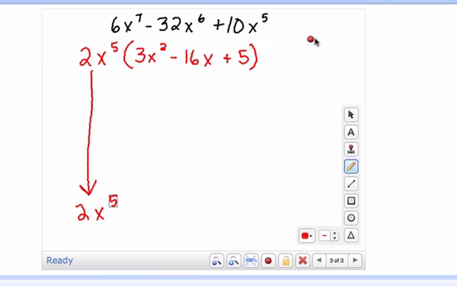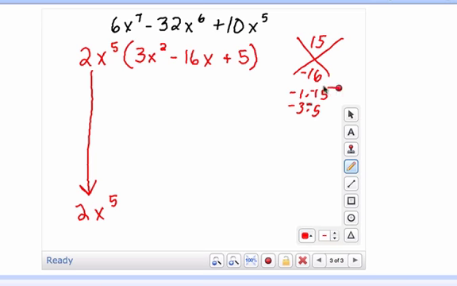So 3 times 5 is 15. Looking for two numbers that multiply to give me 15, but add to give me this middle term of a negative 16. Okay, so you're looking at your possibilities, 1 times 15 and 3 times 5. You're multiplying two numbers to get a positive, but when you add them they give you a negative, so you have two negatives.